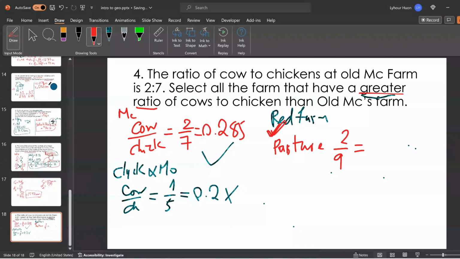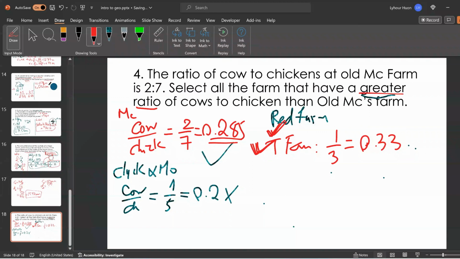T Family Farm is 1/3. So the ratio 1/3 is 0.33. Now, is 0.33 greater than 0.285? Greater. Okay, so this also will be selected. T Farm, yes.